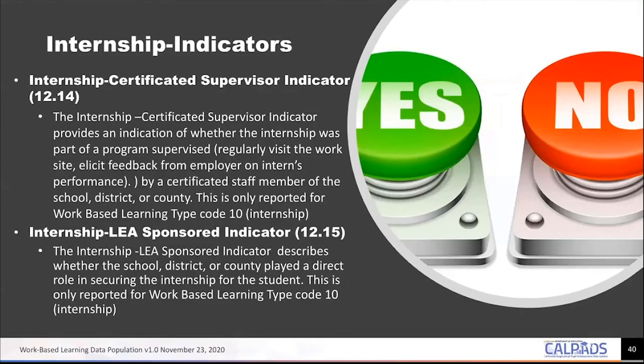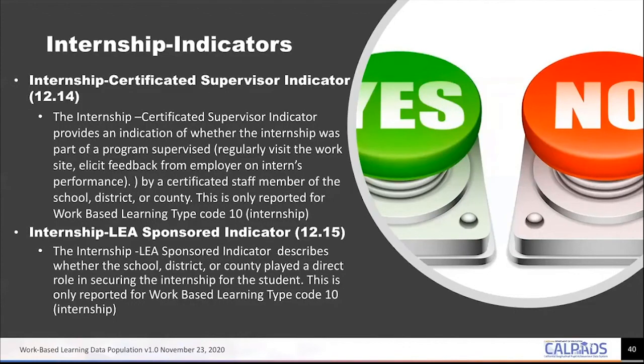So the internship certificated supervisor indicator provides an indication of whether the internship was part of a program supervised by a certificated staff member of the school, district, or county. A Y indicator would indicate that the internship was part of the program supervised by a certificated staff member of the school, district, or county, and an N would indicate that it was not.